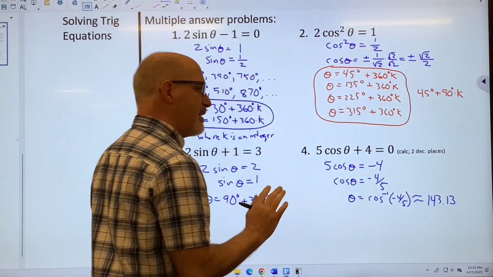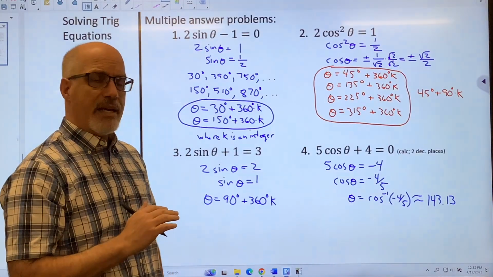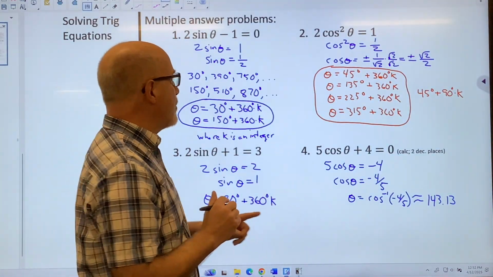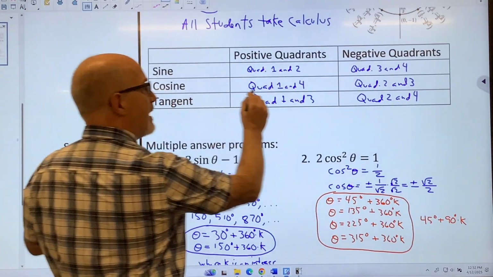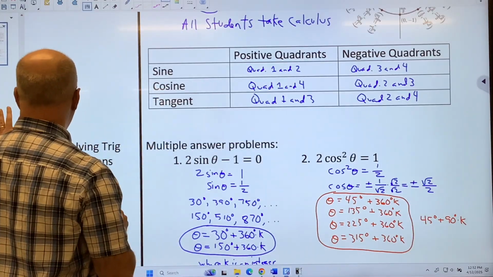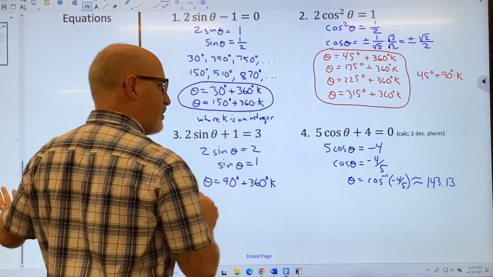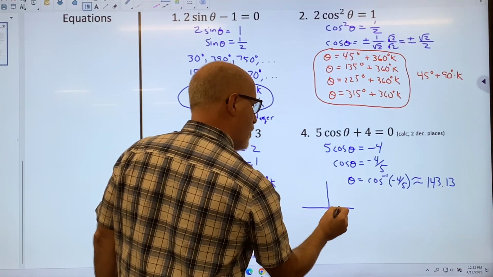Now that is my answer in the second quadrant, okay? Now we know that cosine is negative in the third quadrant. So what we have to do is find our reference angle. So let's go ahead and find our reference angle here.